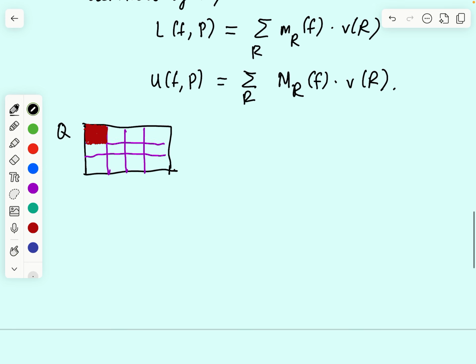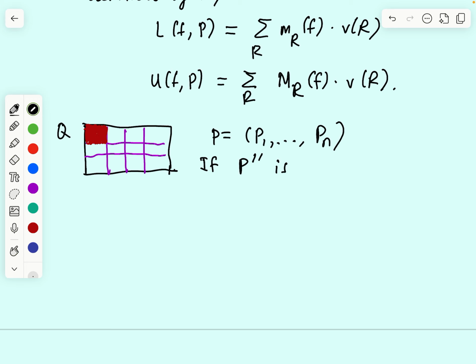Now once you have a partition, let's say that your partition is P1 through Pn. So in this example that I drew, n is 2, so you have P1 and P2. Now suppose that we have P double prime.